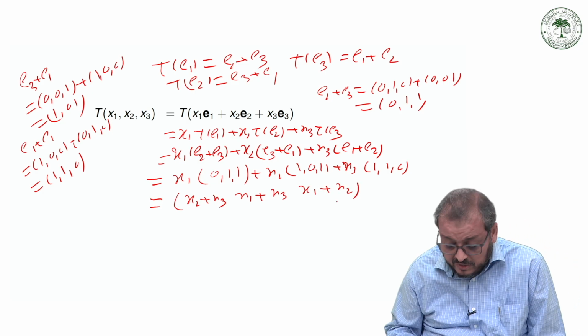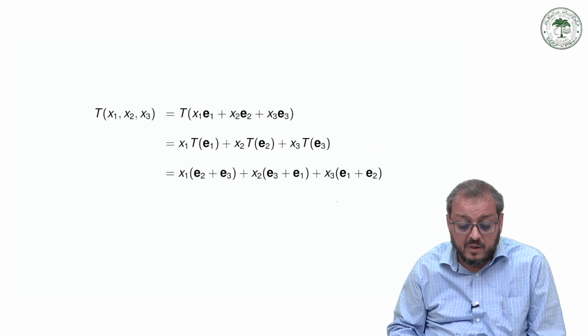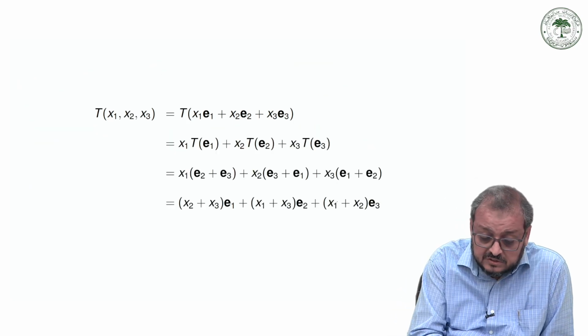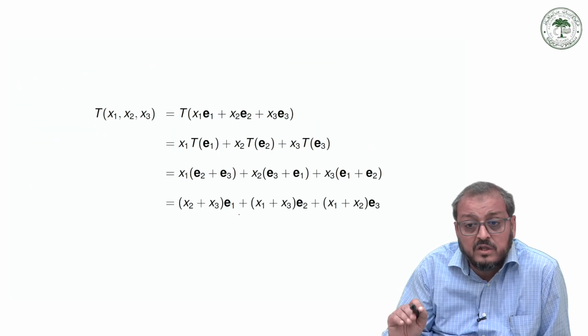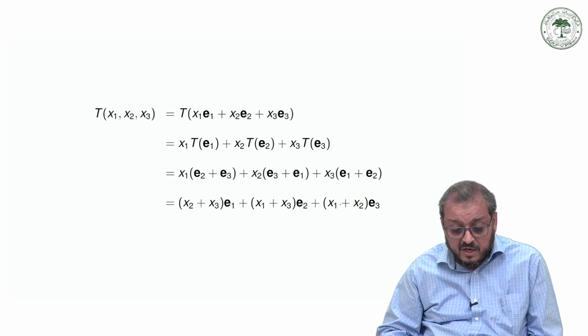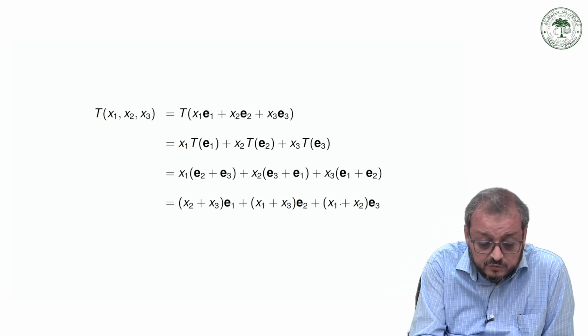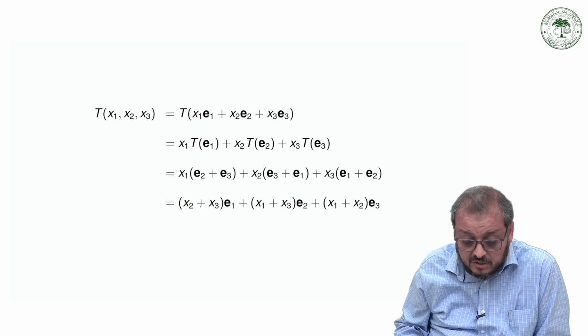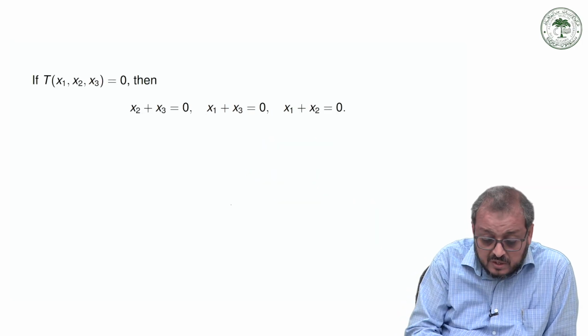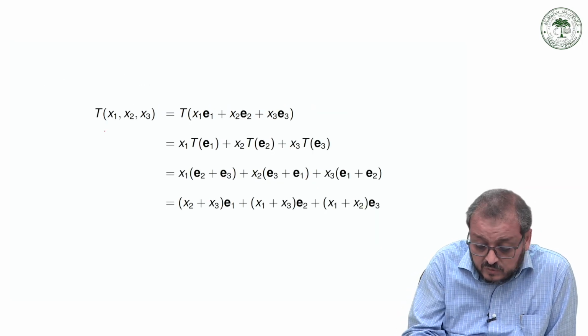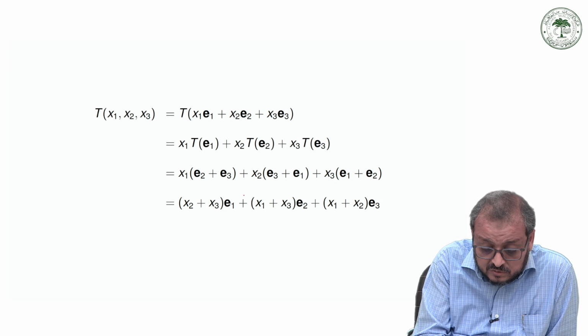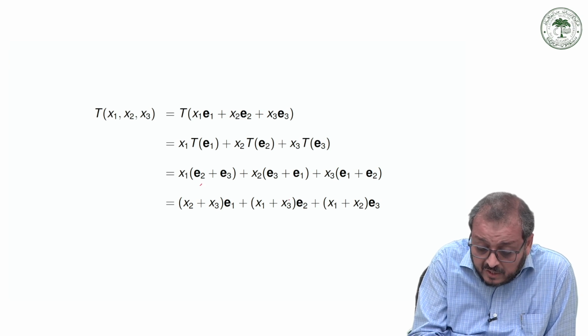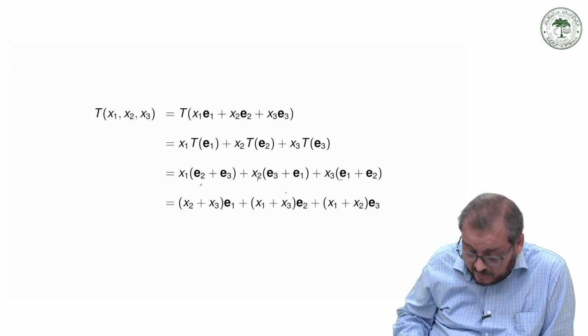So T of x1, x2, x3 is defined in this form. It can be written in either the E1, E2, E3 form, which is not a problem. So we write T of x1, x2, x3 in this form, with x2 plus x3 as a coefficient in this form.